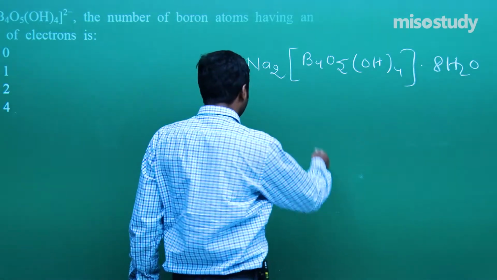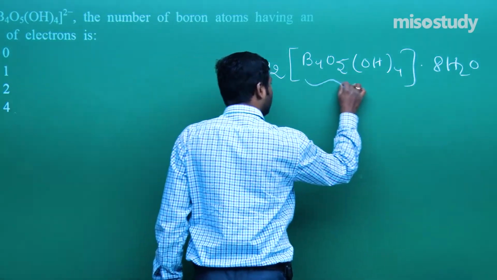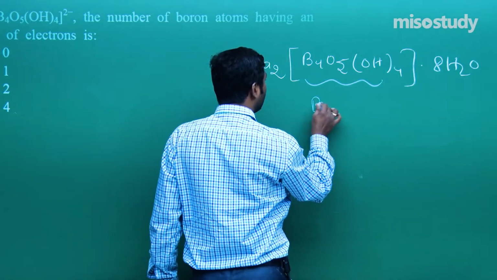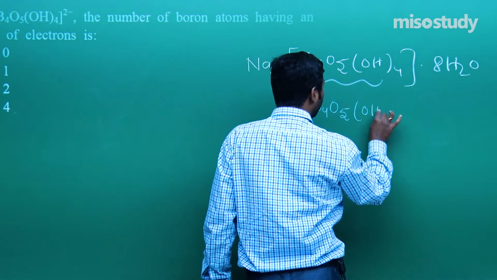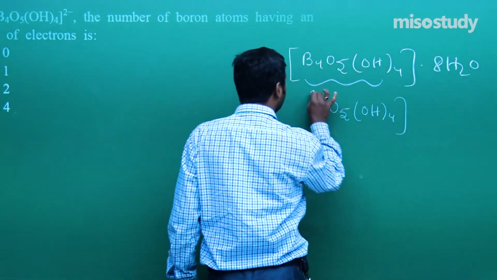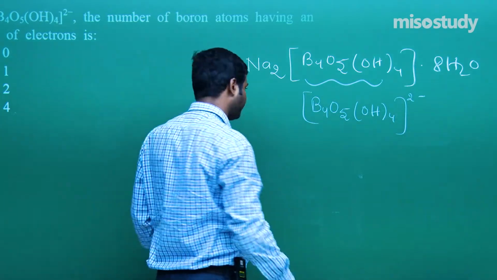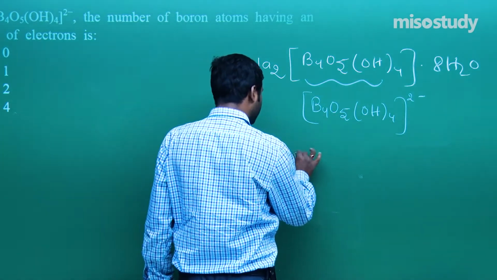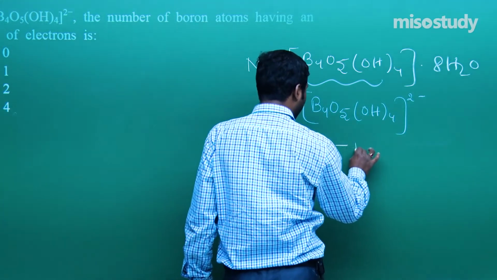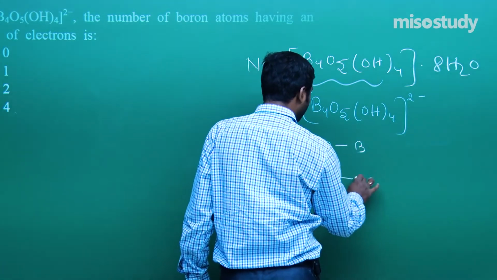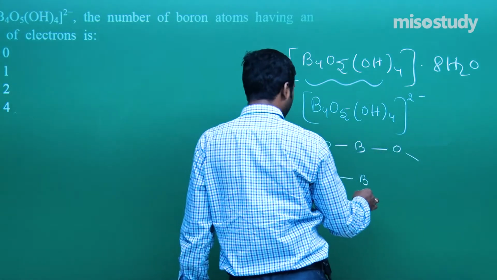Now, how to draw the structure? If I need to draw the structure of B4O5(OH)4 2-, what will happen? Look at, that is B, then O, then B here, then O, then B here, then O. Clear to you?